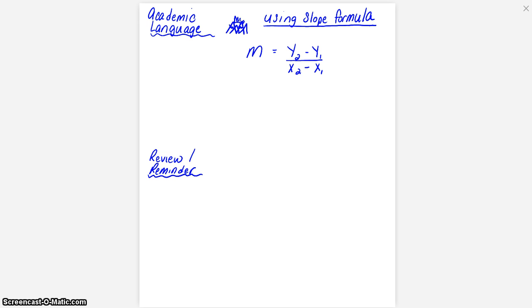So it's equal to y2 minus y1 over x2 minus x1, which is, I'm going to throw under the review reminder, the change in y over the change in x, or the rise over the run.